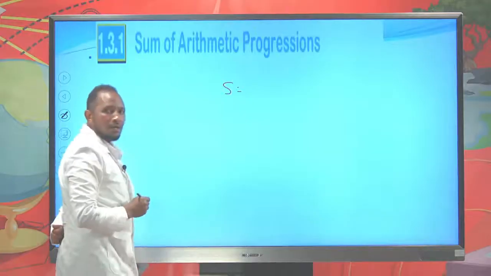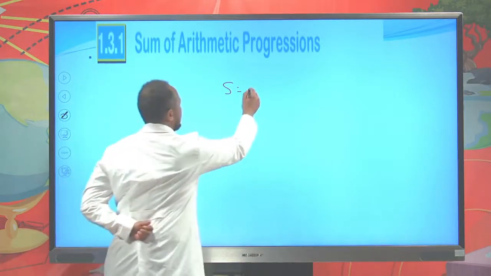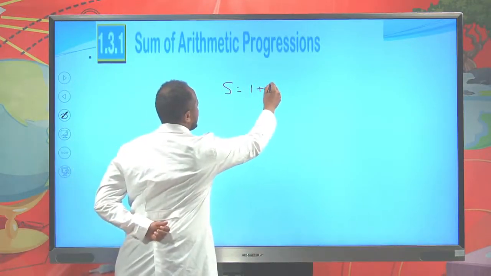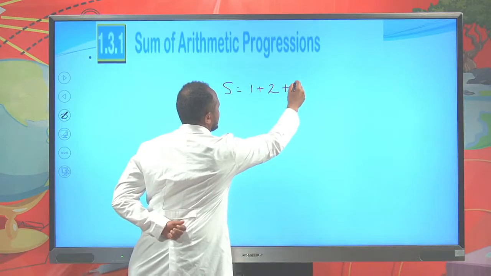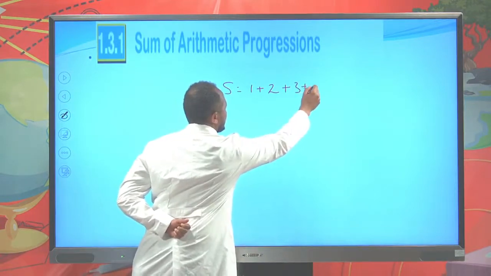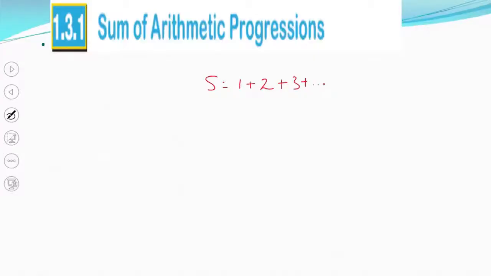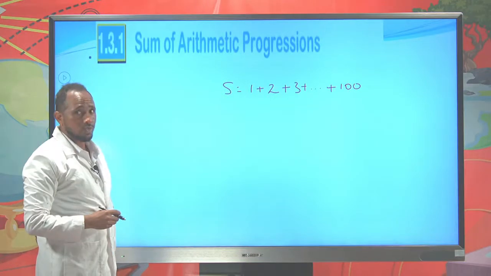The sum of the first 100 numbers is S equals 1 plus 2 plus 3 and it goes on up to 100. This is the sum of the first 100 natural numbers.